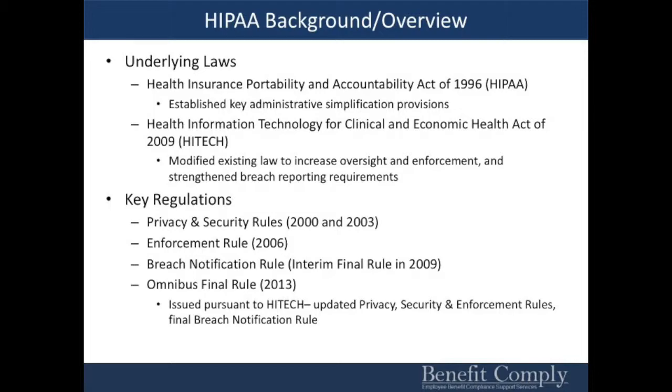The HIPAA enforcement rule was initially issued in 2006, and after HITECH, a final omnibus rule was promulgated in 2013. This omnibus rule consisted of 4 separate regulations implementing HITECH's provisions. These were updated versions of the privacy, security, and enforcement rules, and a breach notification rule.